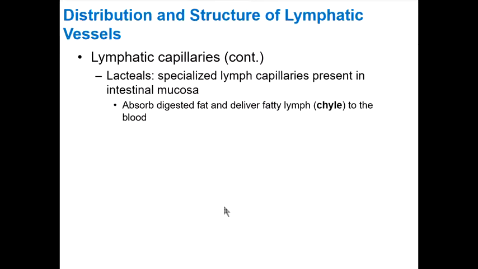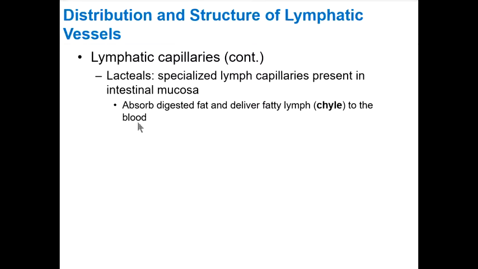And there's one type of lymphatic capillary that's different from the rest of them. It's a special case. They're called lacteals. And you can see they're specialized lymphatic capillaries only in the mucous membranes of your intestine. And their job is to absorb the digested fat and deliver it back to the blood.